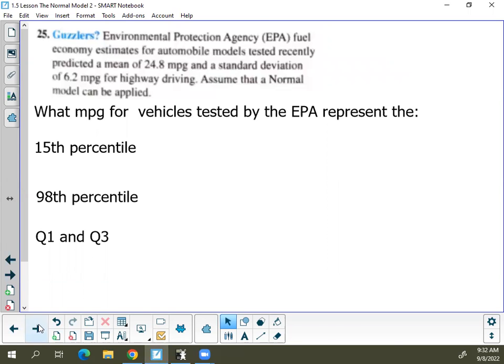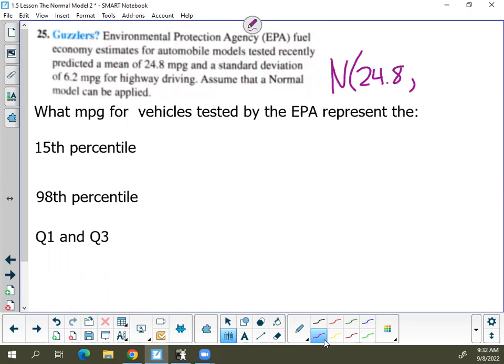And so we have this gas guzzlers problem again here, where we have a normal model or approximately normal distribution of fuel economy for vehicles according to the EPA, with a mean of 24.8 miles per gallon and a standard deviation of 6.2 miles per gallon.